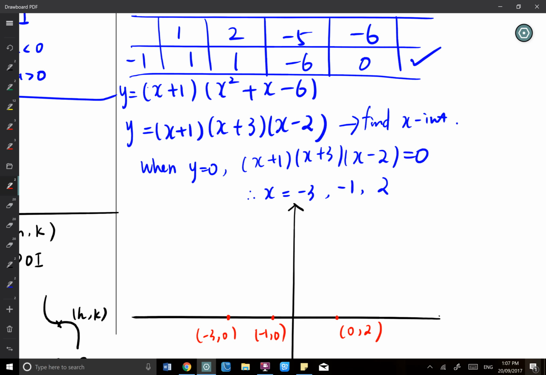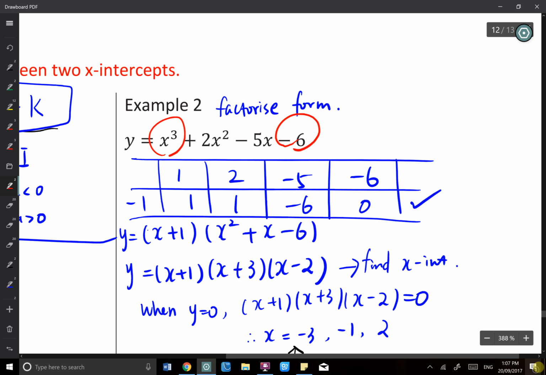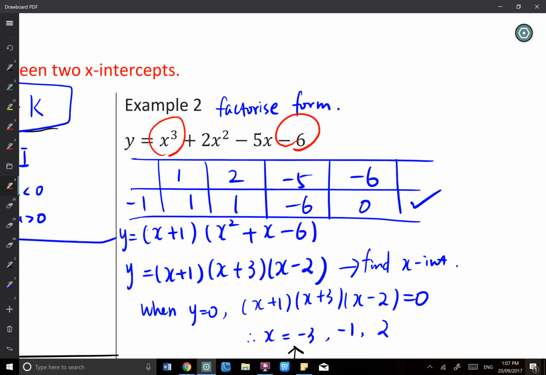You start from the right, but do you start above the x-axis or below the x-axis? What you look at is the leading term. Do you have a positive leading term? If you have a positive leading term, you start from the top right. If you have a negative leading term, you start from the bottom right, okay?